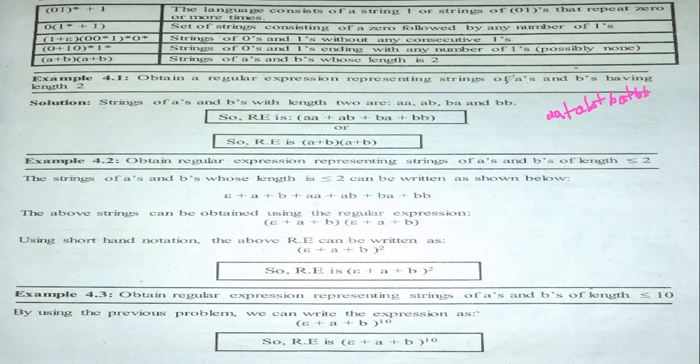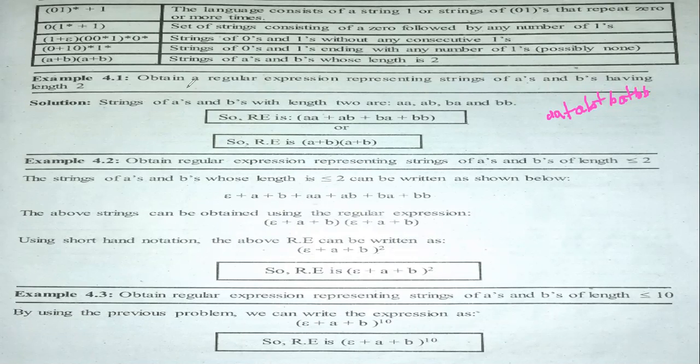Using A and B, length 2, here 1 2, 1 2. How many combinations can we generate? 1 2 3 4, only 4, right? Only 4 we can generate. So the strings of A's and B's with length 2 are AA, AB, BA, and BB exactly.